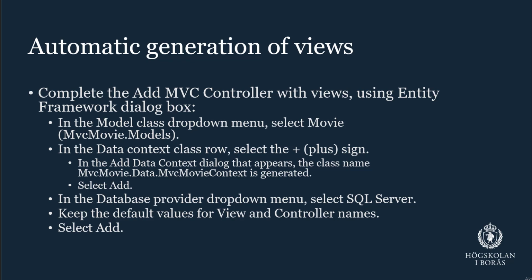In the Add Data Context dialog that appears, the class name MvcMovie.Data.MvcMovieContext is generated. Now select Add. In the Database provider drop-down menu, select SQL Server. Keep the default values for view and controller names, and then finally select Add.